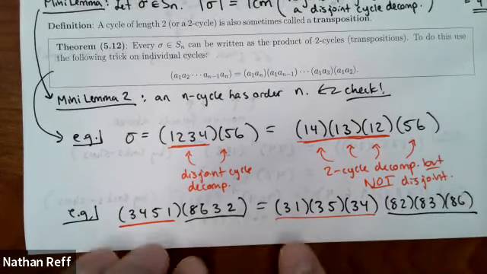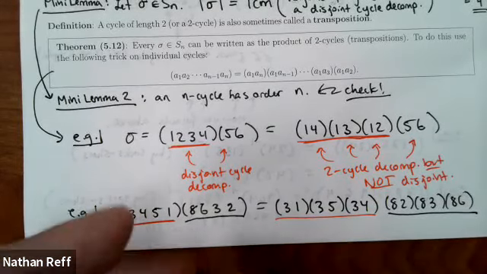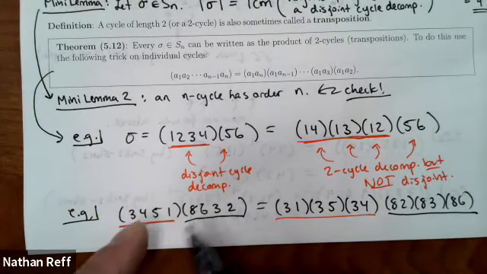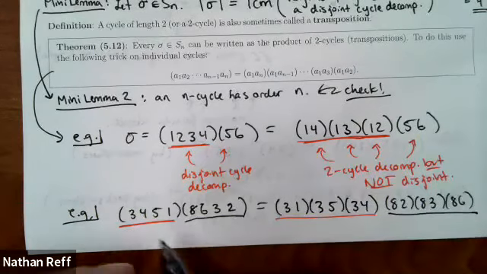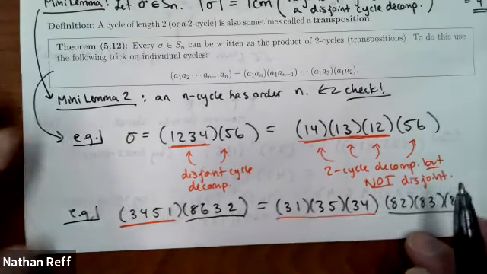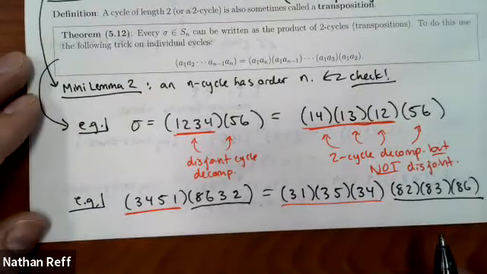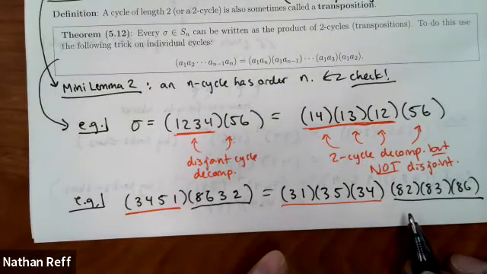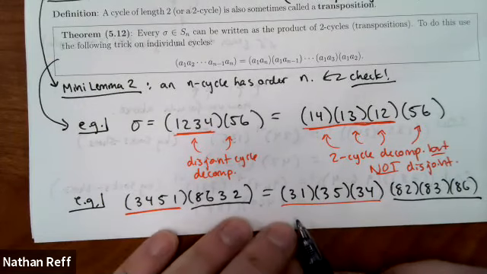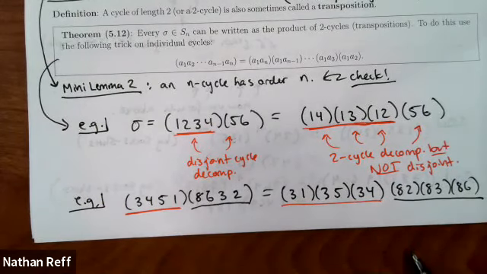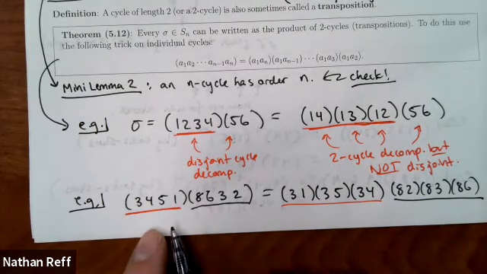Okay. So neither of these are disjoint. If you needed to compute the order of this thing, you would probably first simplify it into its disjoint cycle decomposition, which we could do. But it's not necessary. Although that might be interesting. Hang on a sec. Let me think of something real quick.